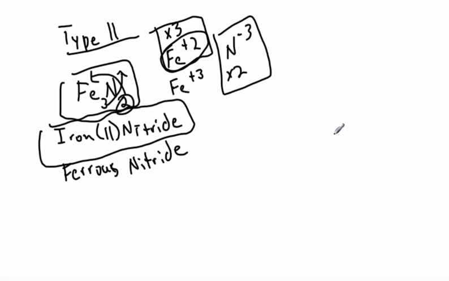We could have, let me look here, another one. Let me think of it. Okay. Co, and we're going to put that with oxygen. So we have cobalt, so we just write the name, cobalt. And then we have oxygen. It's the second element, so we have to say oxide. Now, here's the tricky part.